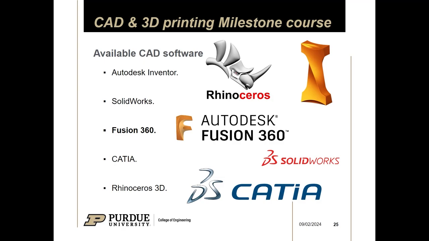But they all essentially aim to do the same thing, which is to aid you in designing a part on the computer, right? The UIs might be different, but at the end of the day, they all do very similar things. We just prefer Fusion because of its flexibility and ease of use for students.